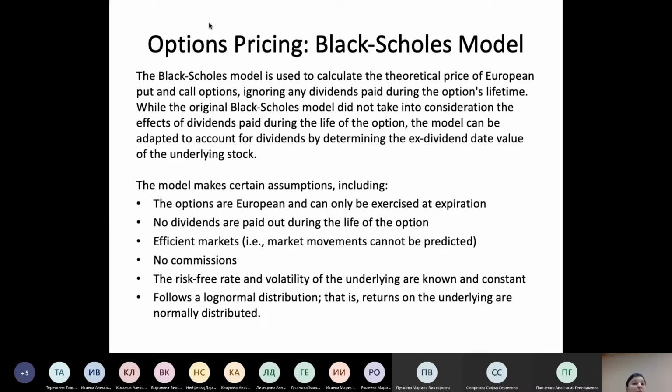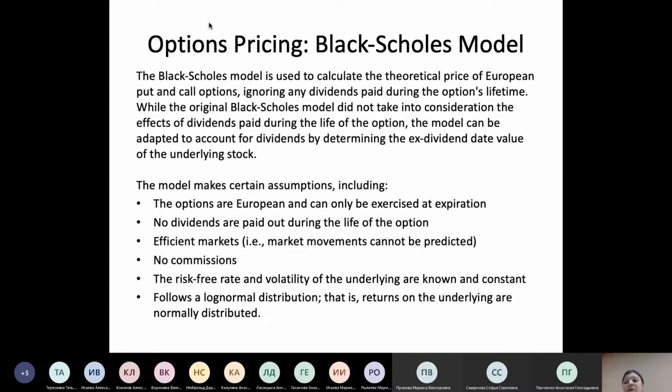Let's start with the Black-Scholes model. Let's define the main conditions of the Black-Scholes model, first of all, and then let's transform this model for our real option valuation.